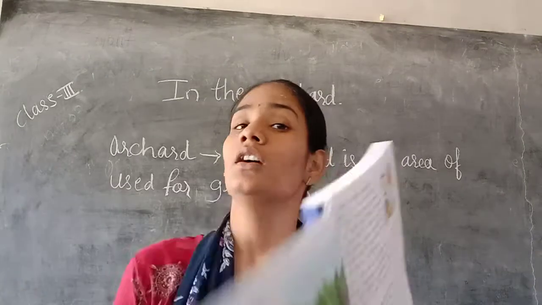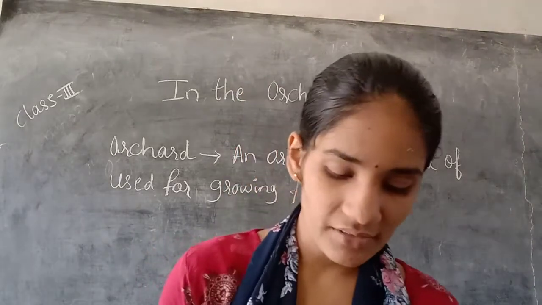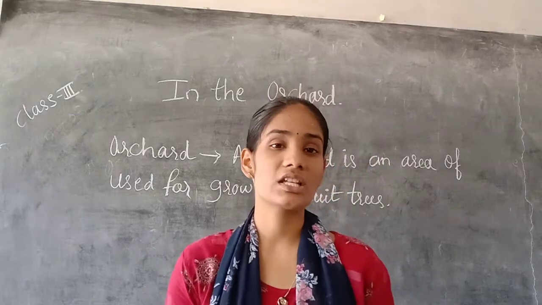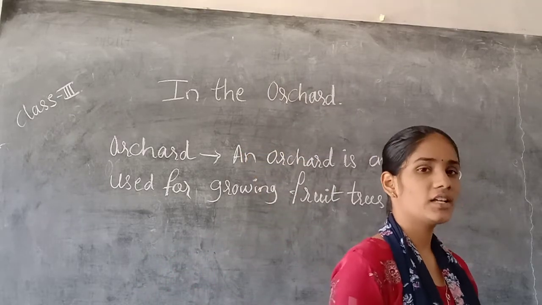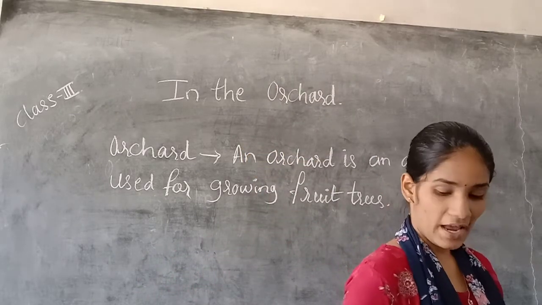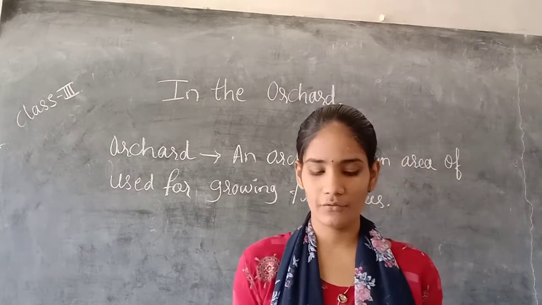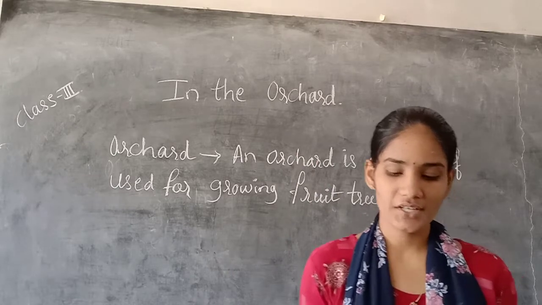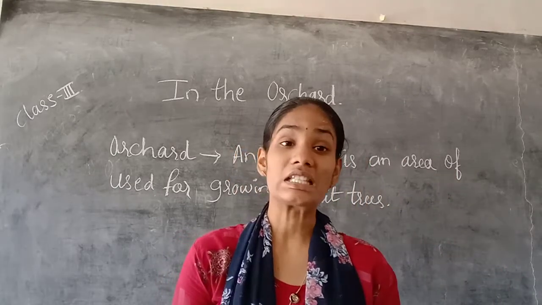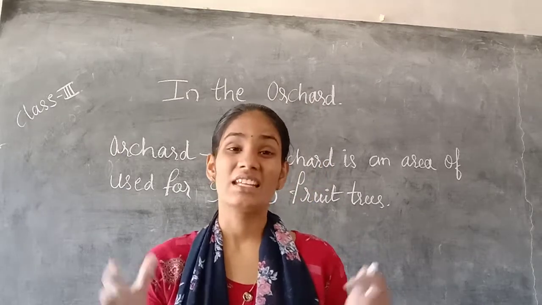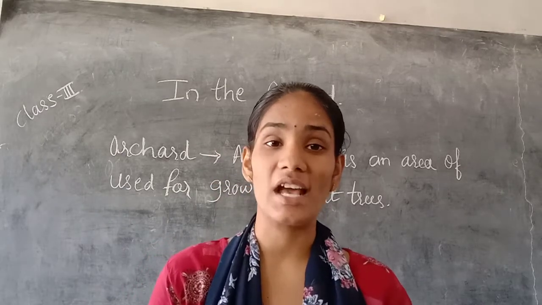So when it is harvest time, yes, for every crop there is a harvest time. What does harvest mean? Harvest time is the time of the year when crops are cut and gathered. The season when the crop is cut and gathered together is known as harvesting.